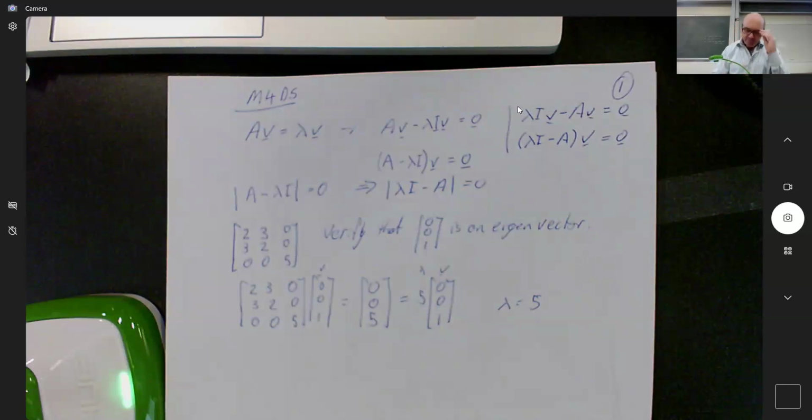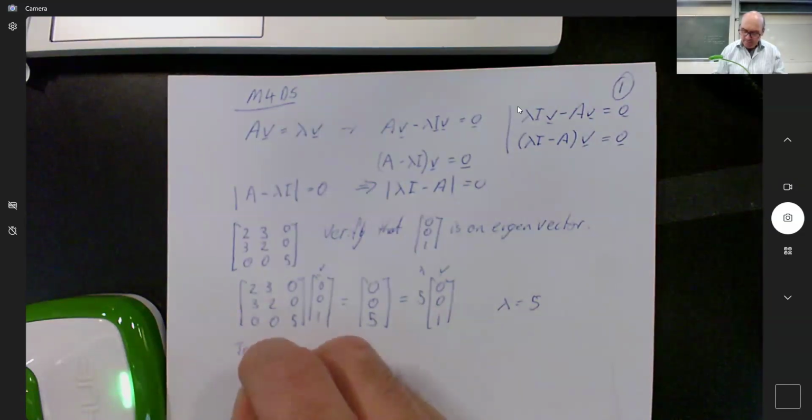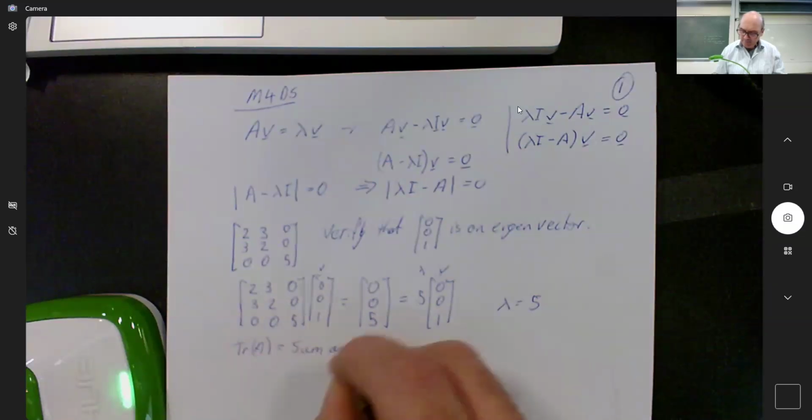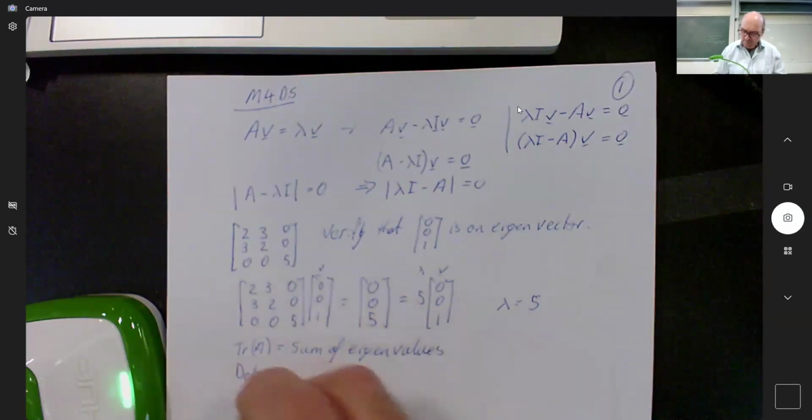We know the trace of my matrix is the sum of the eigenvalues, and the determinant of the matrix is equal to the product of the eigenvalues.